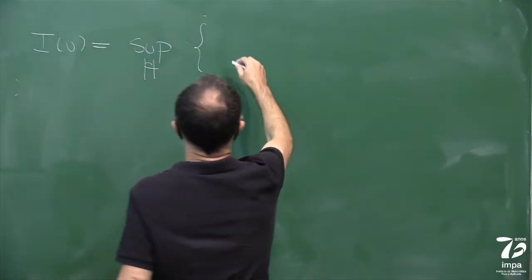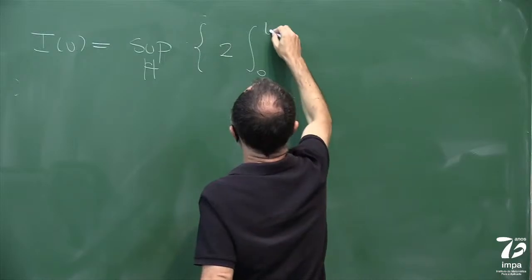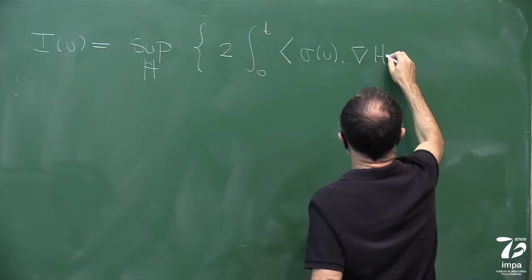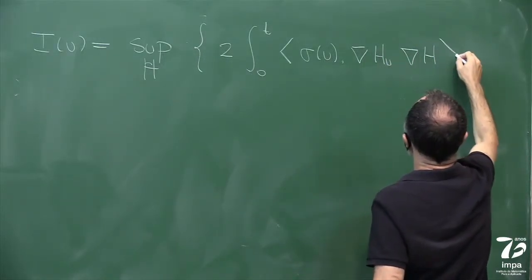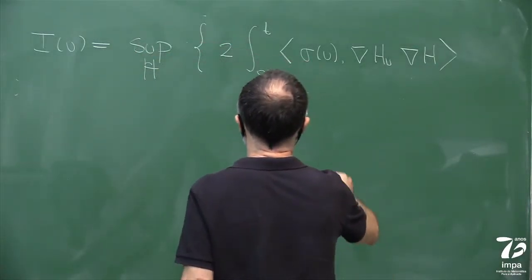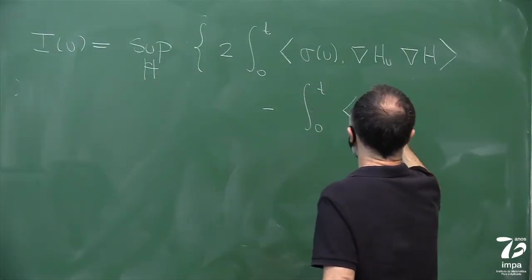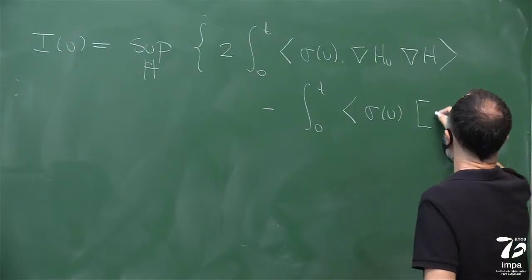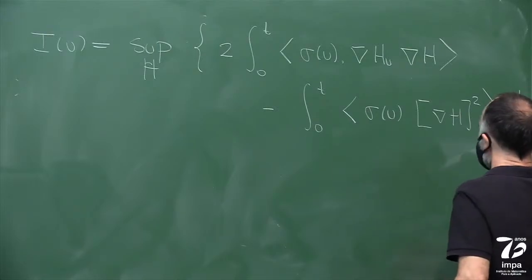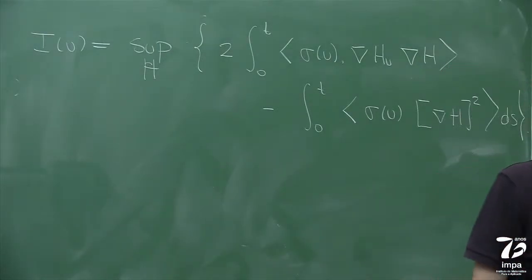So it's 2 times the integral from 0 to t of sigma of u, dhu dh, minus the integral from 0 to t of sigma of u, dh squared. All right? Okay?